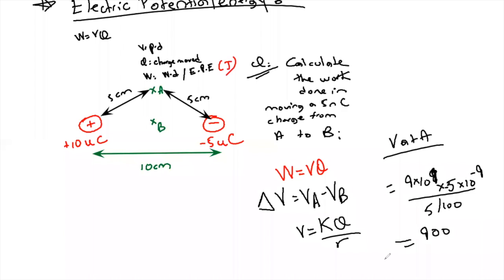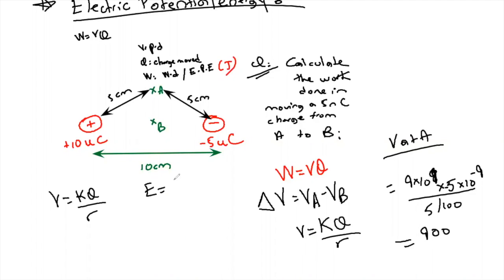Now, if I want to find potential at A due to this one, I would just, Legina, this is potential, right? Yeah, it's potential. How is there a square on the radius? Potential is V is equal to KQ divided by R, right?